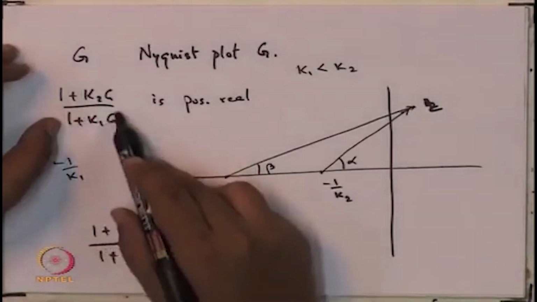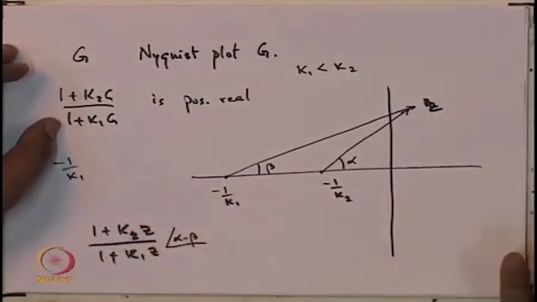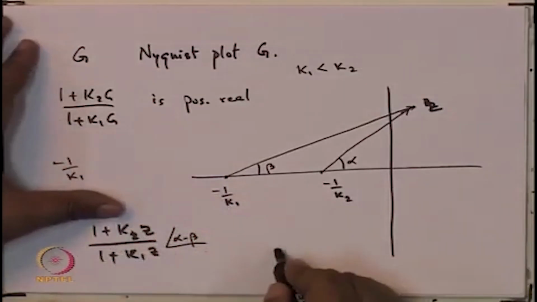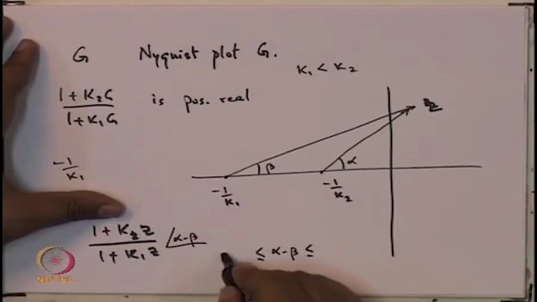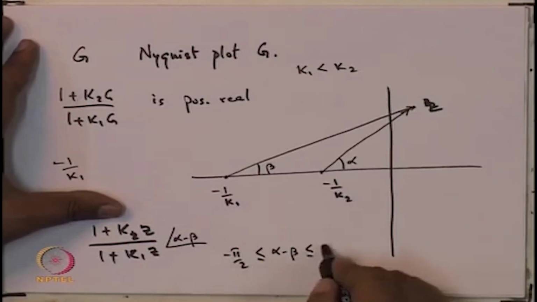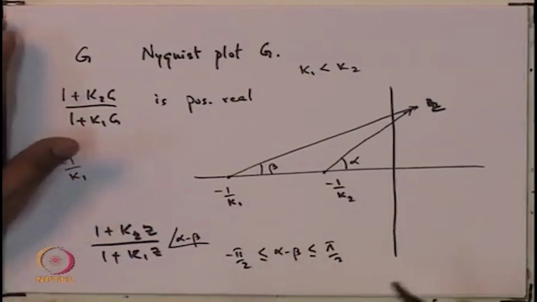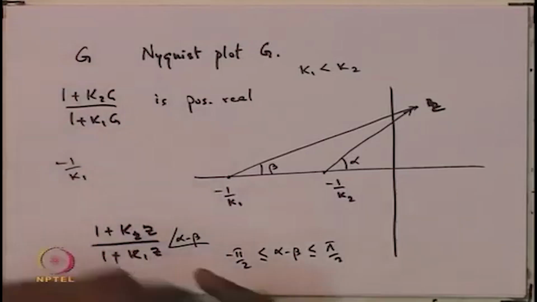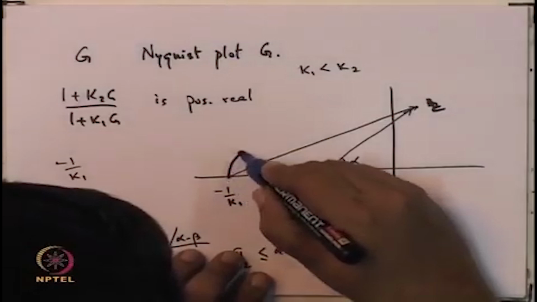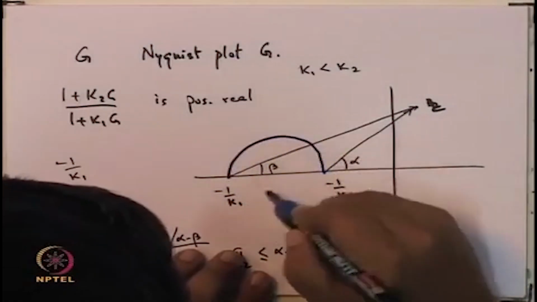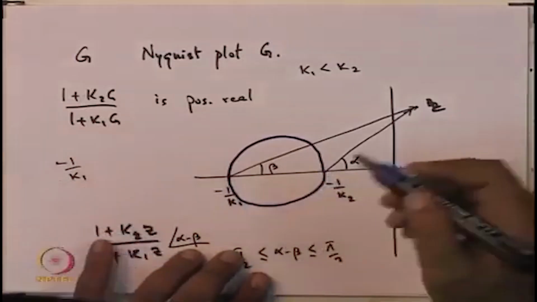Now, asking for this transfer function's Nyquist plot to lie in the right half plane is the same as asking for alpha minus beta to be in this range between minus pi by 2 and pi by 2. Okay. And then we made the main statement of the circle criterion, which was that you look at this circle. Okay.